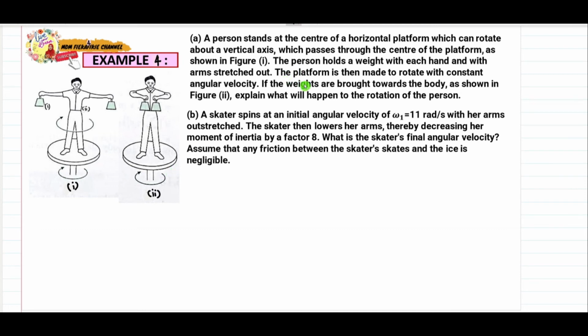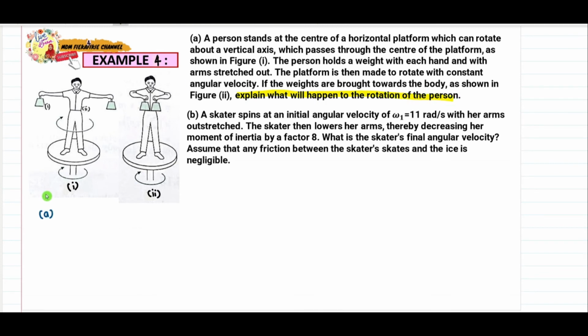If the weights are brought towards the body, as shown in figure 2, explain what will happen to the rotation of the person.